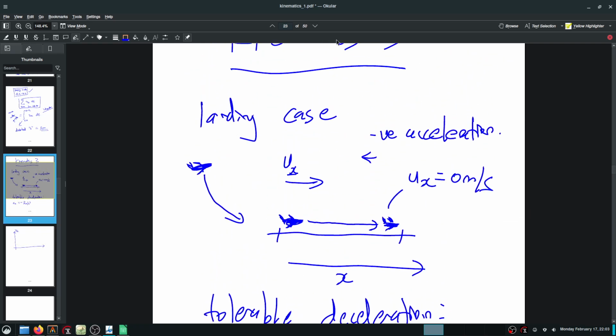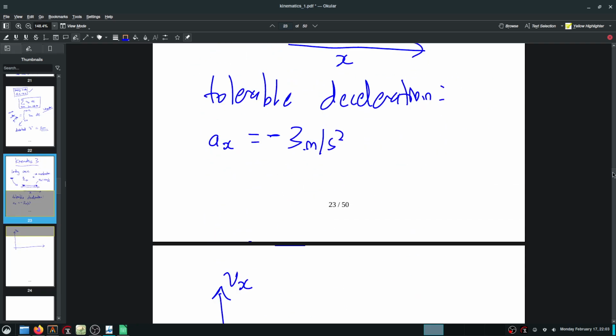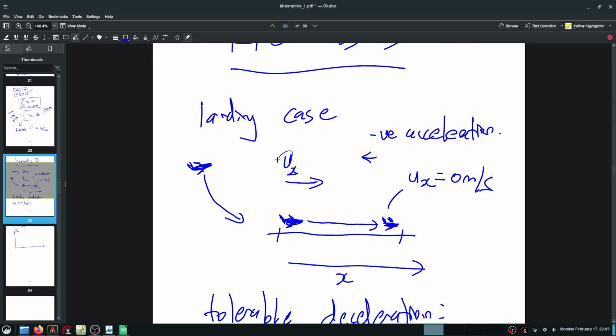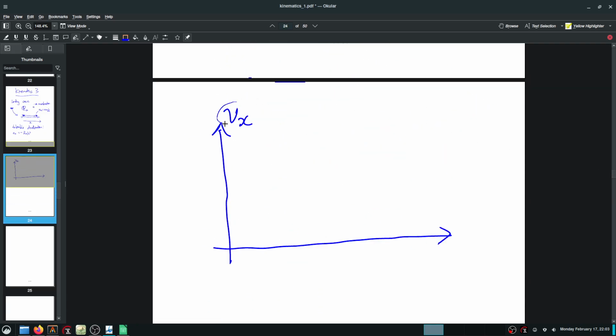Sometimes in physics or engineering, we use U to denote speed. Sometimes we use V to denote speed.